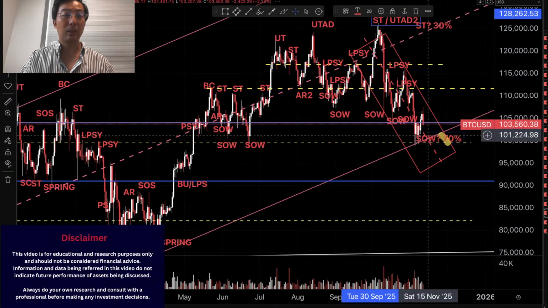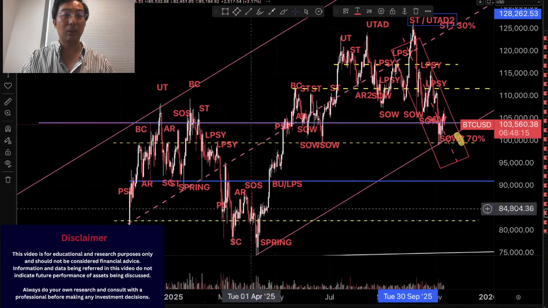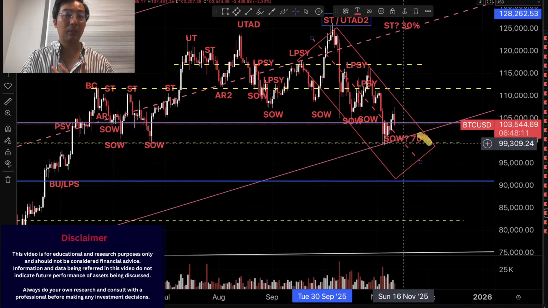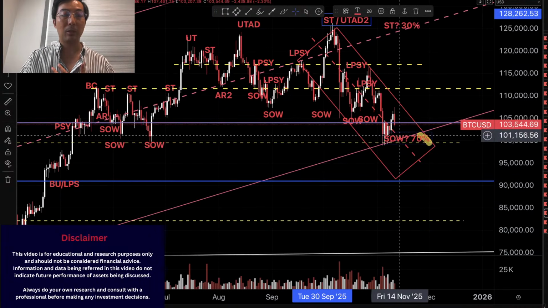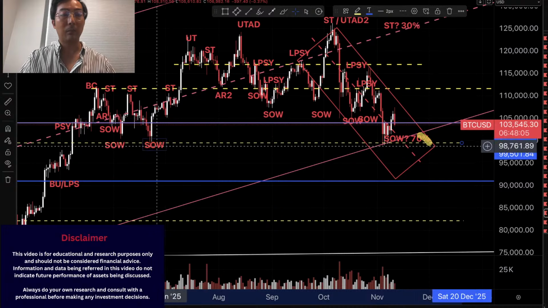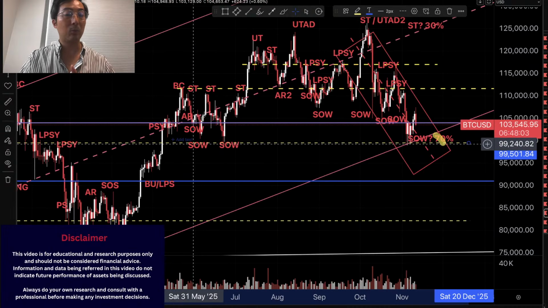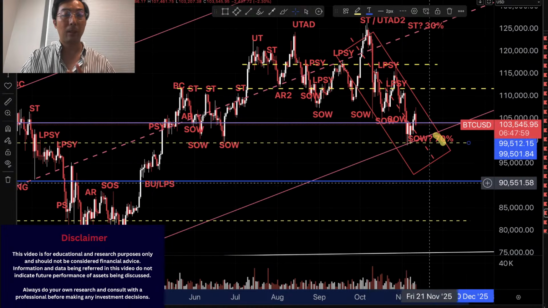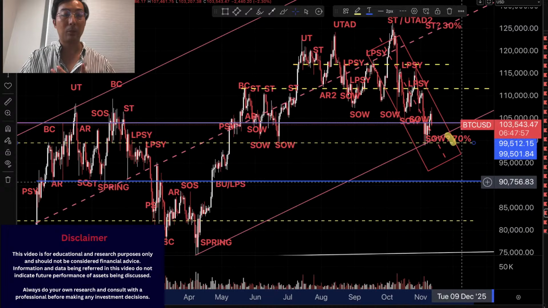So this time, if it doesn't hold like last round, then breaking down from that support, there's an intermediate support at around 99k, because that's where the two signs of weakness were back in June. And then eventually we'll get to the point of the 90k key level.